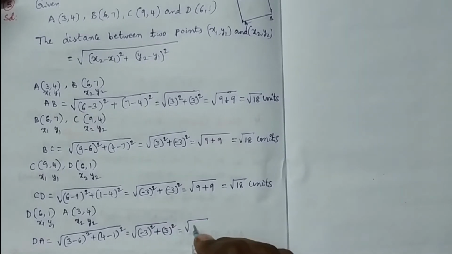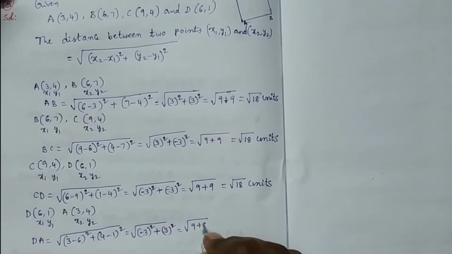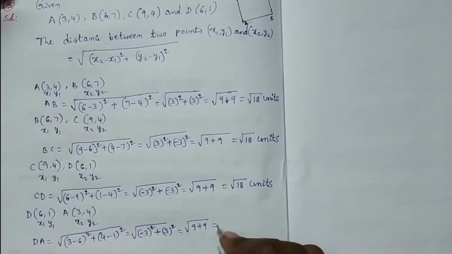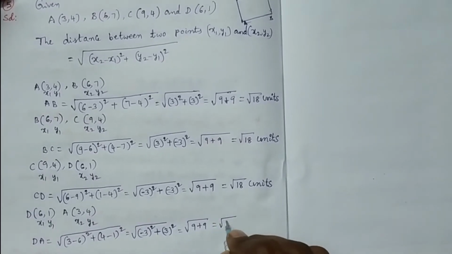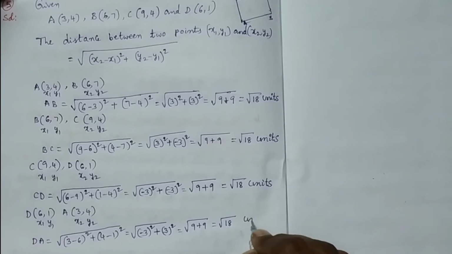Minus 3 whole square is 9, 3 square is 9. So square root of 9 plus 9, square root of 18 units.